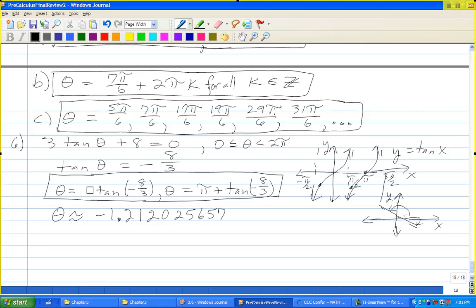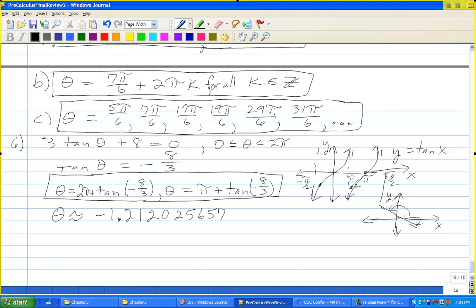That will give you this angle here, which I should do 2 pi plus that, which will give you the other one.